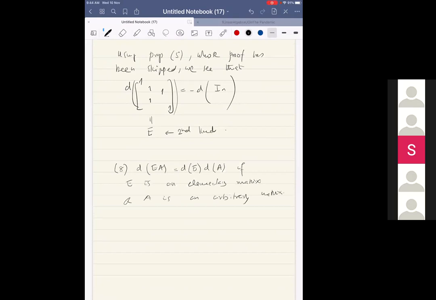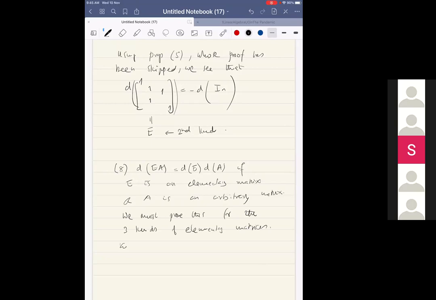Okay, so one has to again prove this separately for the three kinds of elementary matrices. We must prove this for the three kinds of elementary matrices. I will only prove it for E of the second kind.